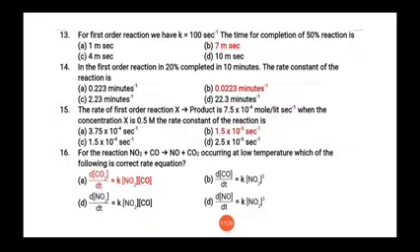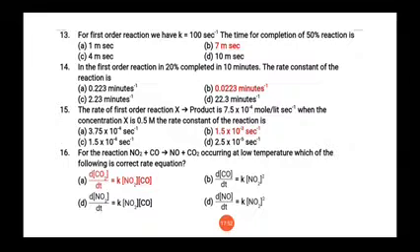So R0 is 100, 20% reaction is completed, so R is 80, what is left. By calculating, we will get our answer, that is K. So your answer comes out to be 0.0223 minute inverse. So the correct option is option number B.